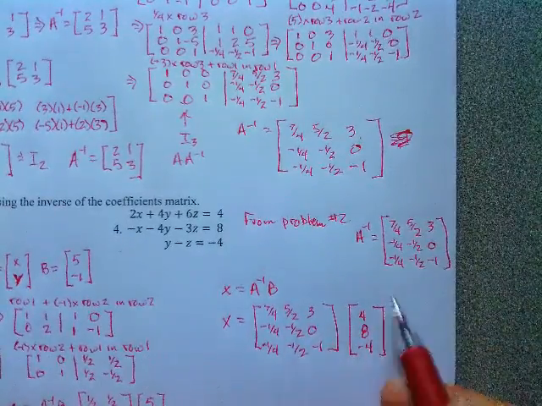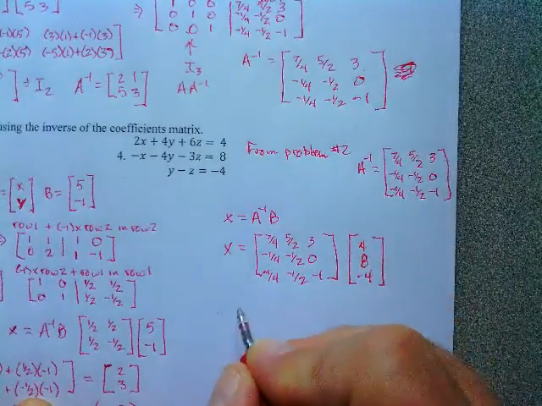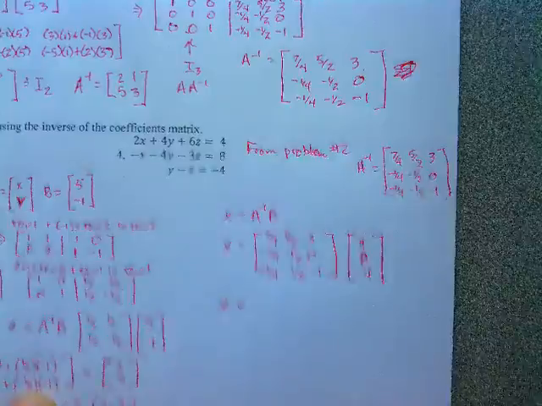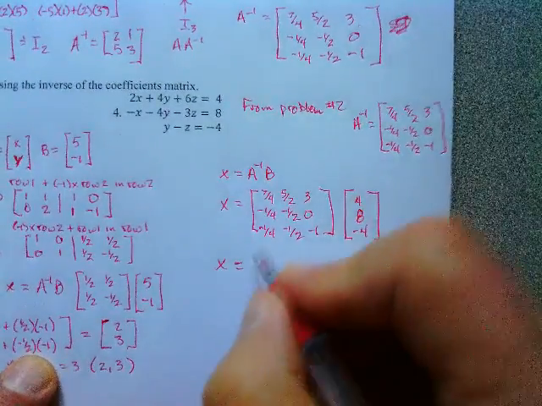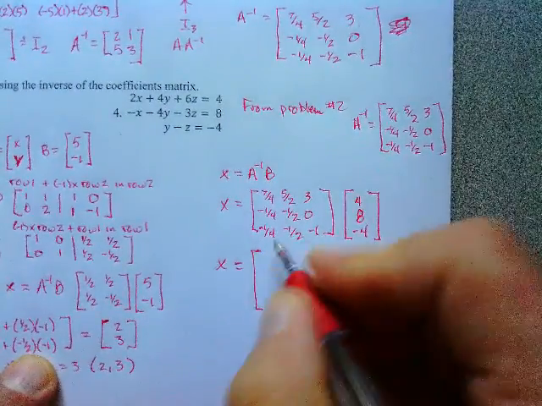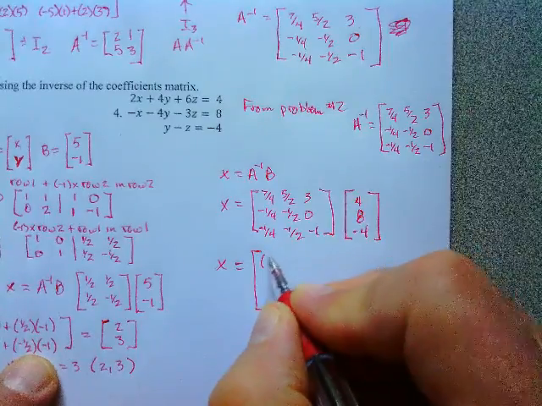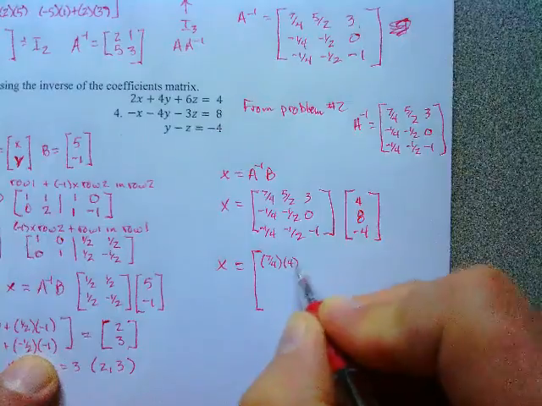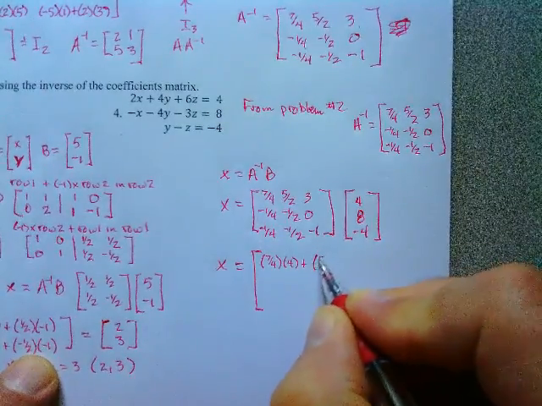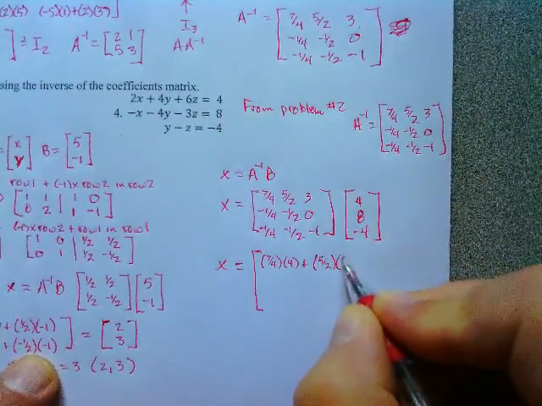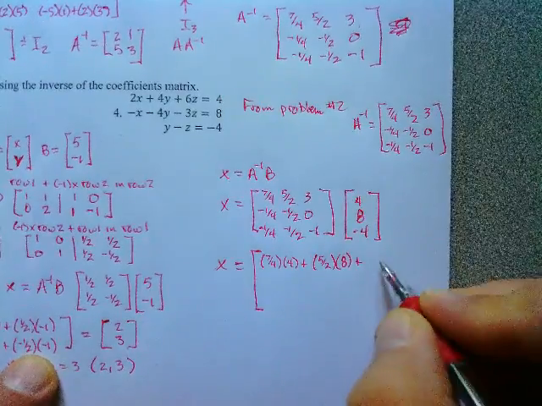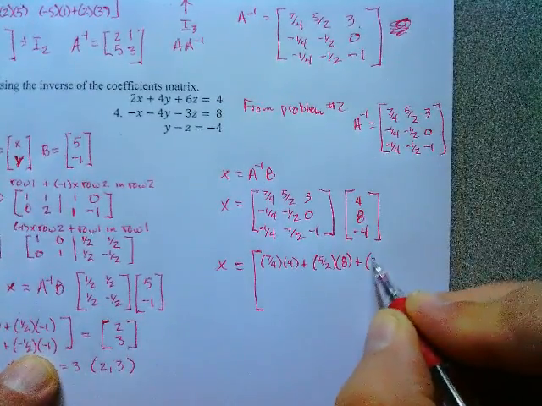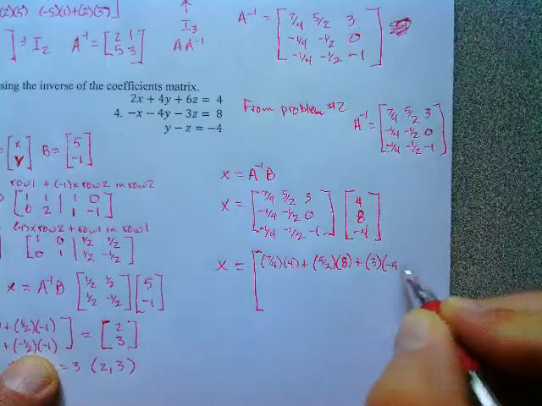So multiply all those and we'll have our answers. So first off, 7/4 times 4 plus 5/2 times 8 plus 3 times -4.